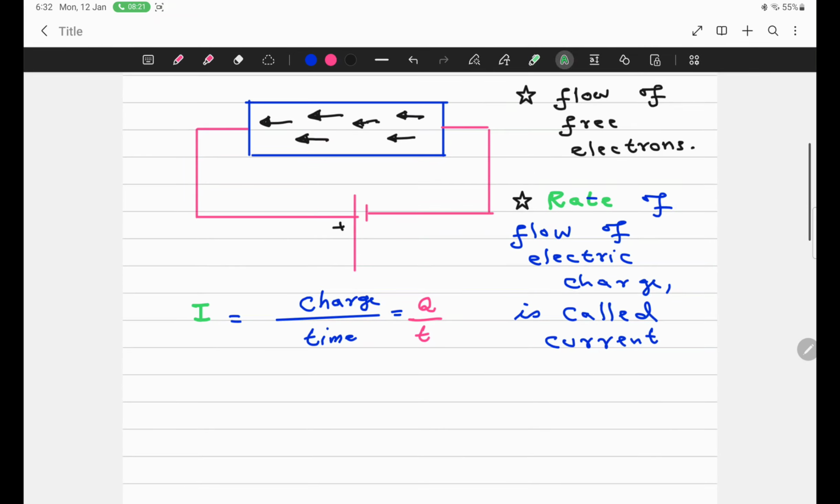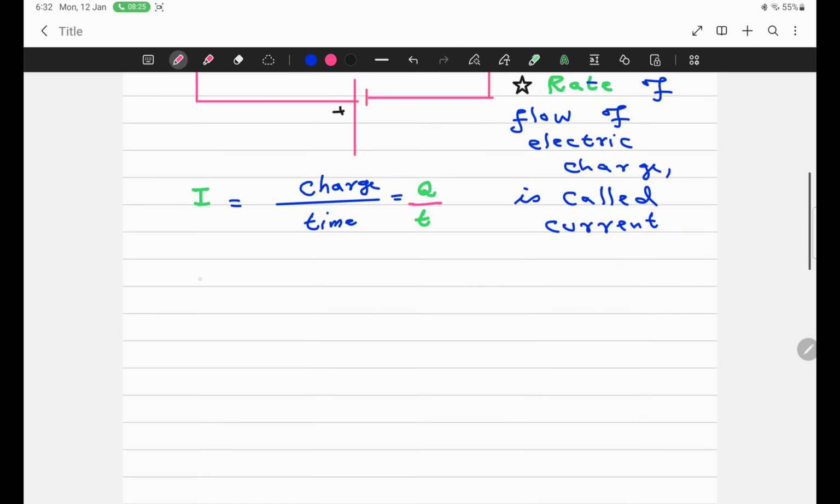So it is our basic formula, I is equal to Q upon T, whereas Q is the charge. The minimum electric charge is equal to one electron charge, and this e stands for elementary charge or charge of one electron.